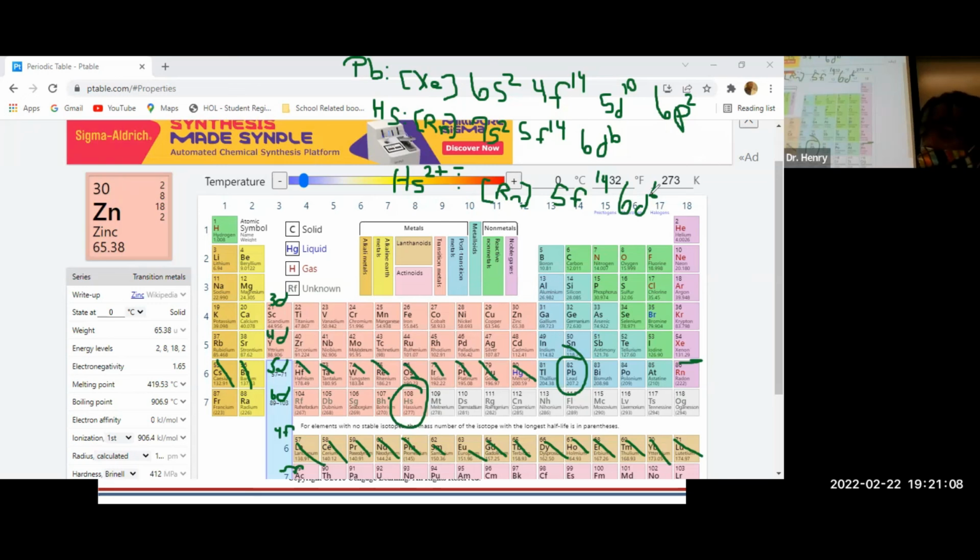That's why there's no more 7s. It's all gone because you're removing both of them. If there's nothing there, then there's nothing there, because it only holds two.